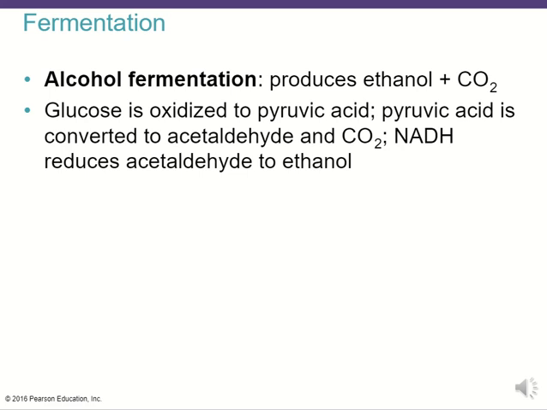NADH reduces the acetaldehyde to ethanol. So essentially, ethanol is not a good or useful component inside, say, our muscles; it's usually a toxin in most cells that go through alcohol fermentation, such as yeast.